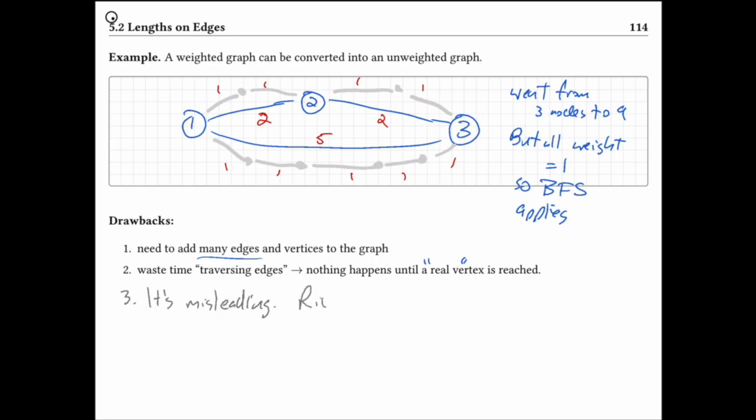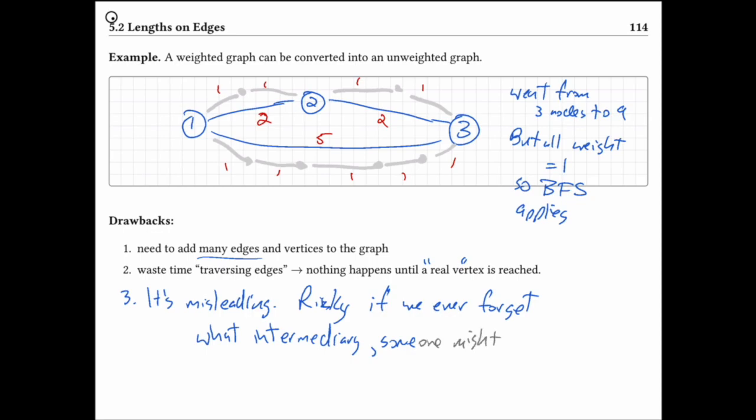Risky because if we ever forget what the intermediary nodes mean, or someone else uses them, they might be interpreted and used in some way, when really they're not actually even waypoints. Seems like a bad idea, right? So let's not do this one.